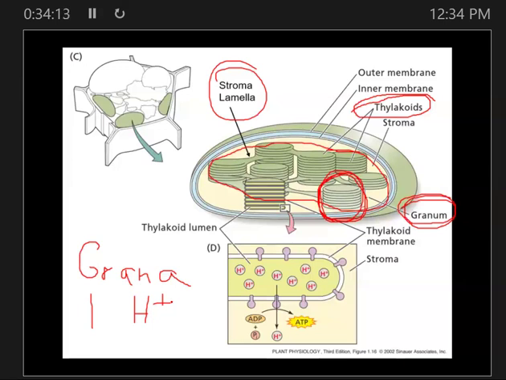What they did is they're peeking inside. It's like they cut open one of the granum, and they're looking inside of the membrane. Looking for the word. So the lumen, I want you to know that term too, please.